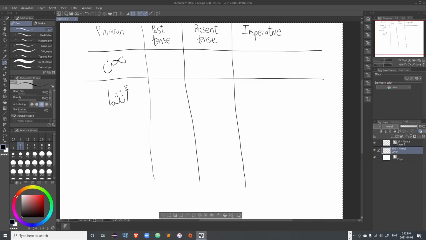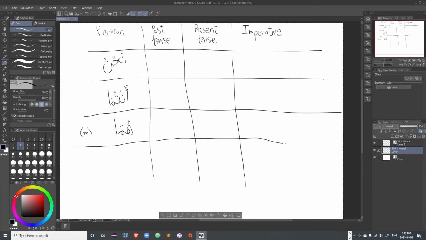أنتما, نحن, adding the diacritics for practice. هما, I will write here M for masculine because they differ in the conjugation, as I mentioned earlier. هما for the feminine.